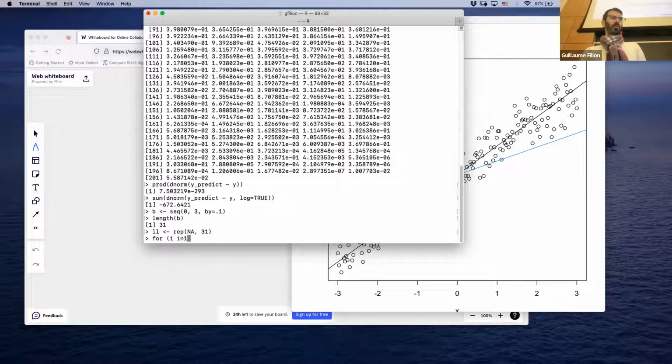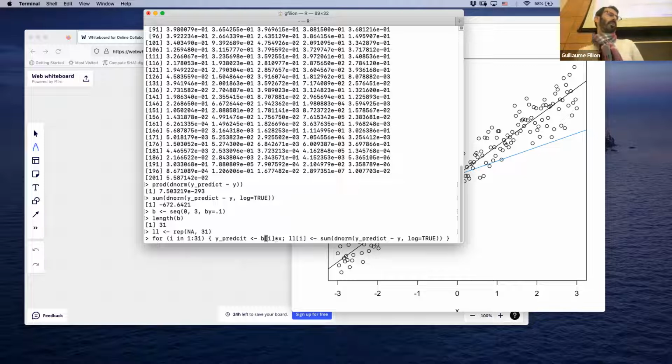So for i in 1 to 31, at position i here, this is going to be the log likelihood, except that I need to compute again this new predicted value based on the new value of B. So something has to come before, and that's here. My prediction is going to be B times X, except that this is the ith value of B times X. So I'm trying all these things.